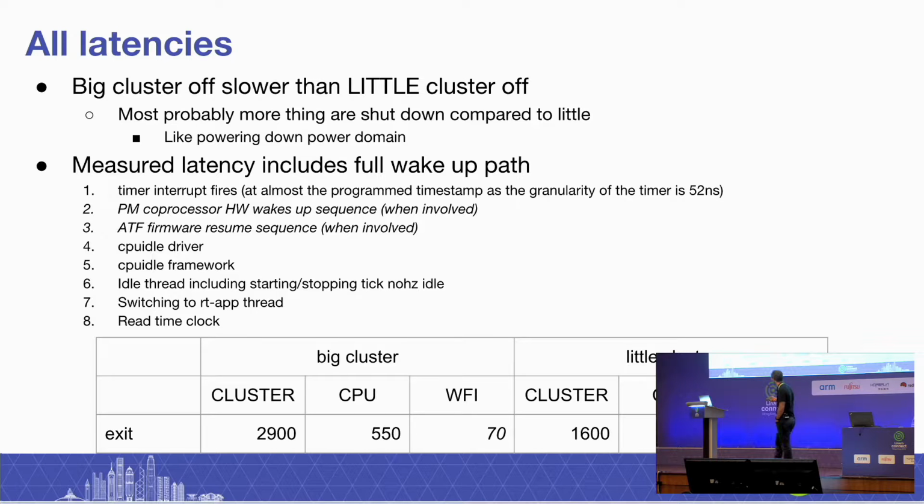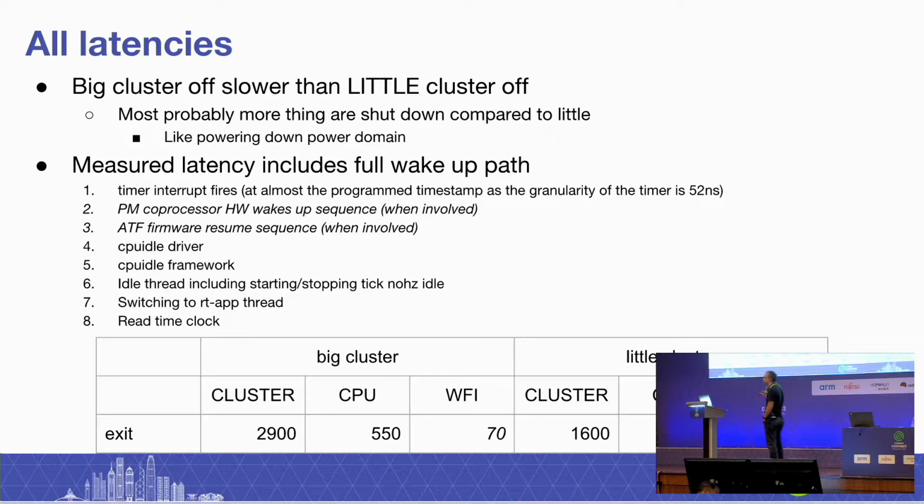Just to remind you, what we are measuring there is the time between firing the timer at a defined absolute time, then the PM coprocessor waking up all the hardware things, regulators, whatever you have to do in hardware. Then we have the ARM trusted firmware that resumes the sequence for the cluster and the CPU state, but not for the WFI state.